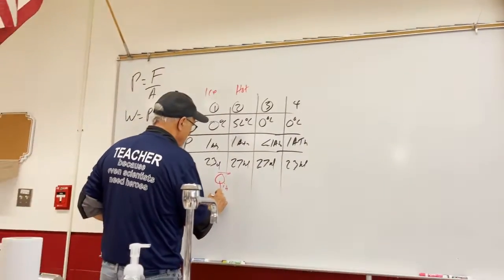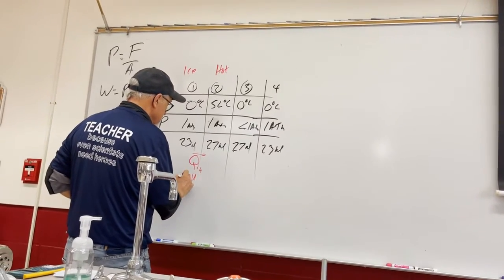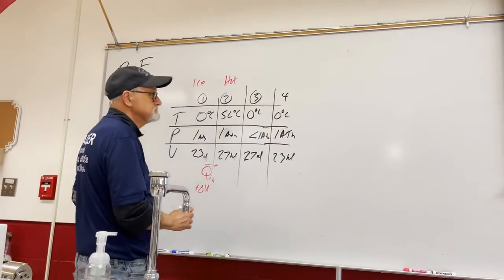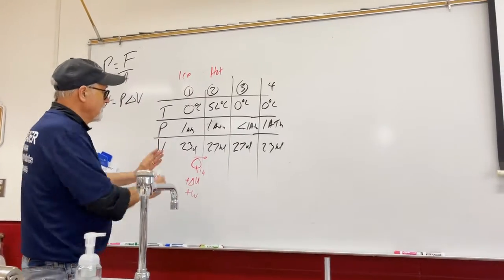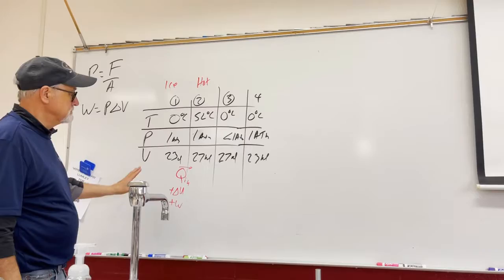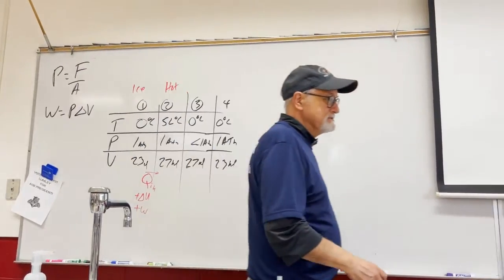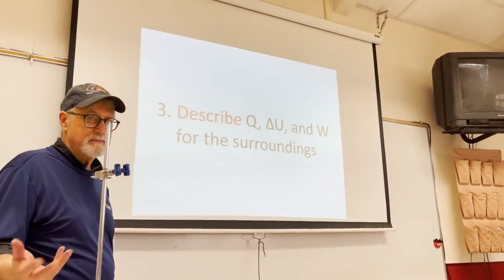So the delta U is positive, and there's positive work done. Why? We expanded. So, what's the temperature of the water? We got that. And so, basically, this was the same lab that I did with you.